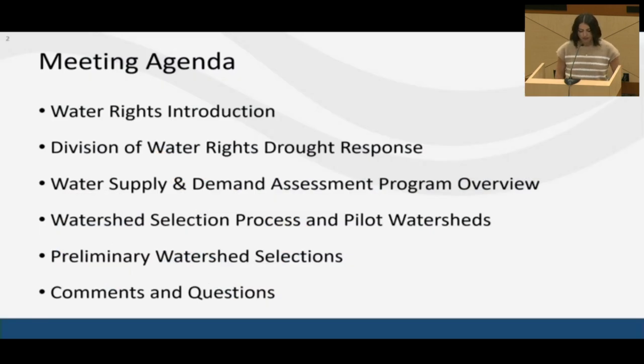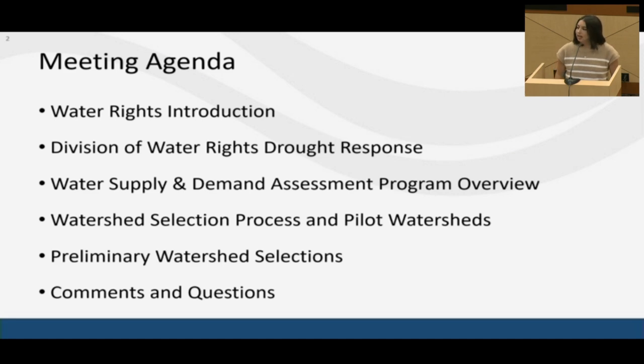Okay, so the purpose of today's meeting is to provide you the information necessary to review our preliminary selection of watersheds. We're going to have an introduction to the Division of Water Rights and provide you some necessary background information on California water rights. We'll also dive into the division's drought response in the Russian River watershed and how that has led to the new water supply and demand assessment program.